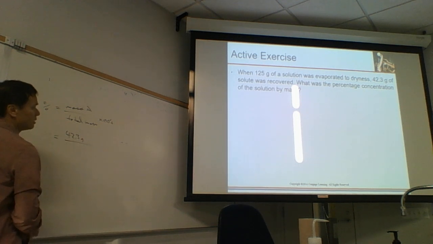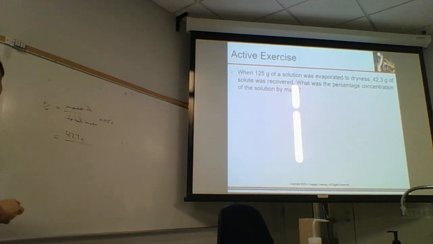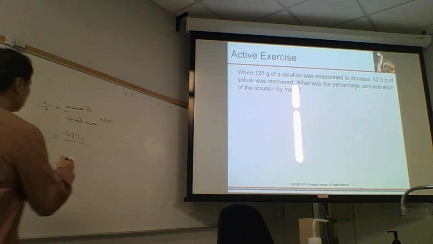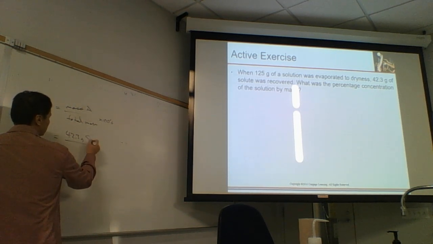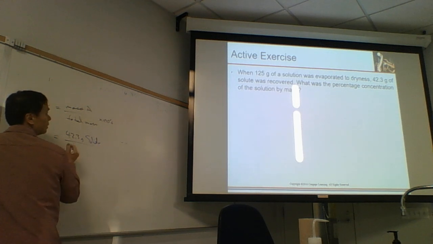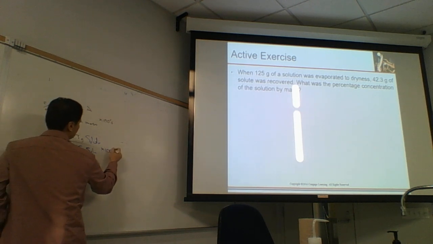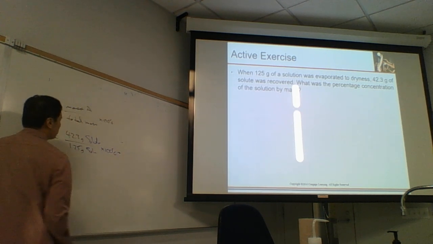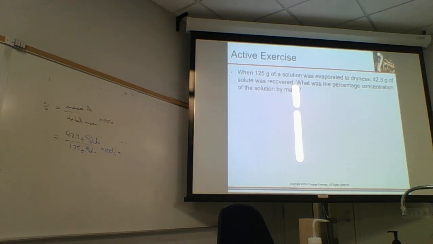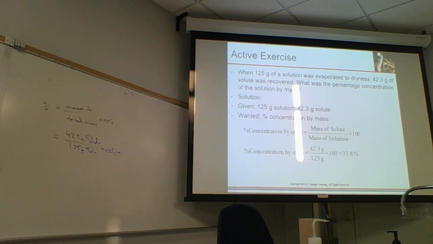It doesn't matter what the solute is, it could be a mixture of solutes, just fine. 42.3 grams of solute divided by 125 grams total. That would be the solution, times 100%.